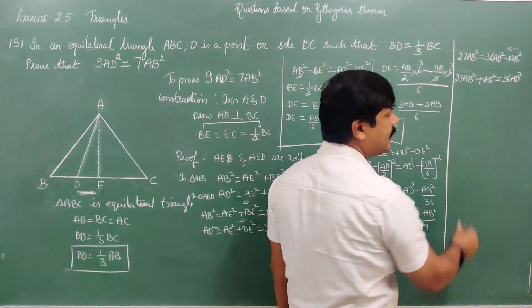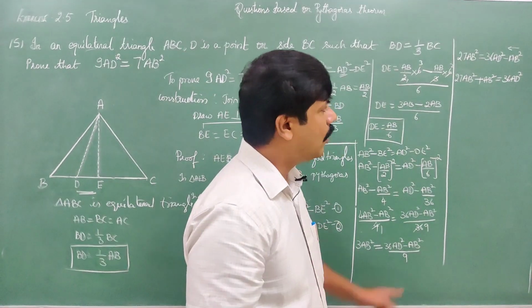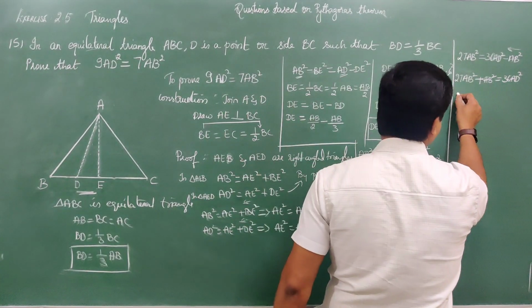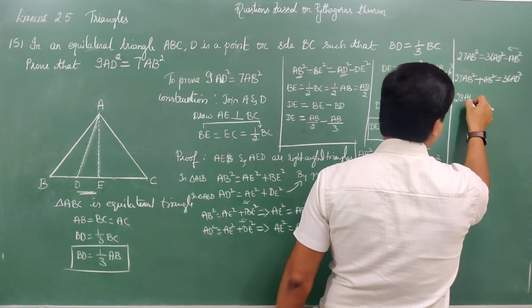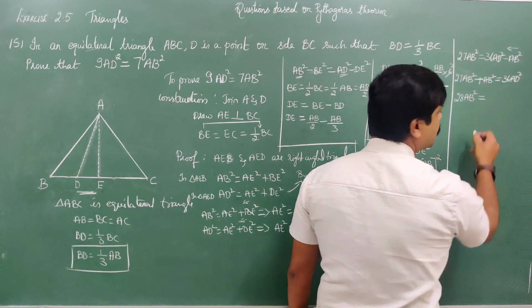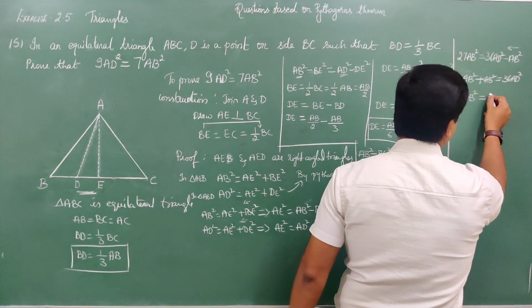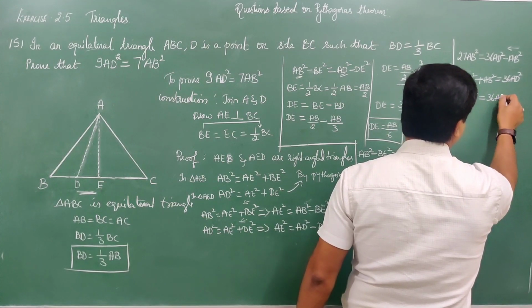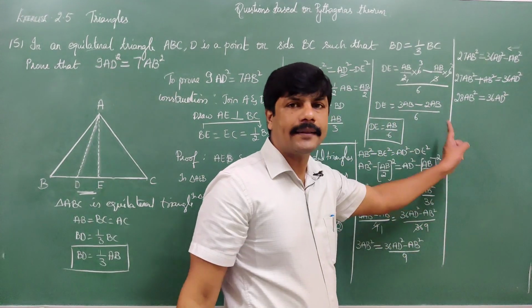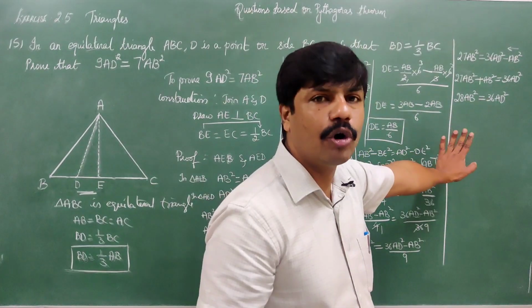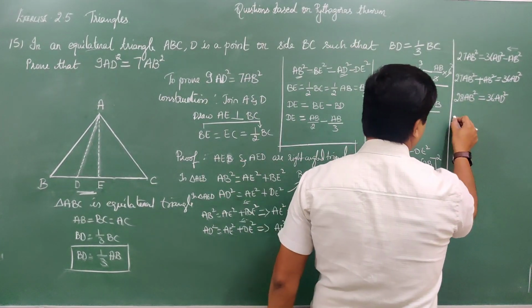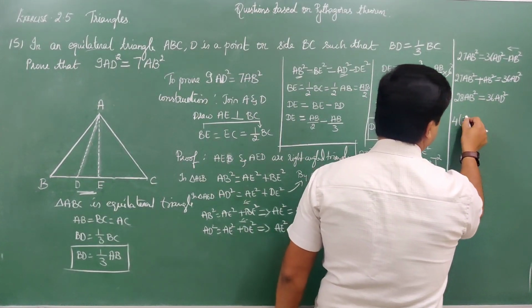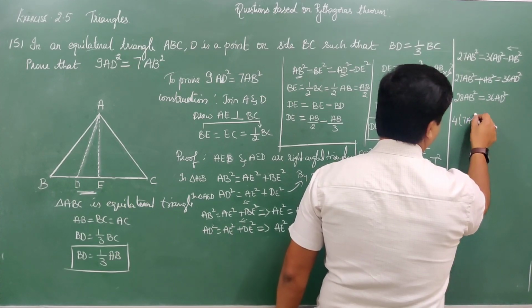Okay, 27 AB square plus 1 AB square is 28 AB square is equal to 36 AD square. Now 28 and 36 are multiples of 4. 4 sevens are 28.